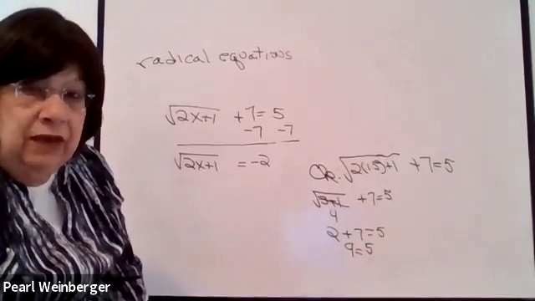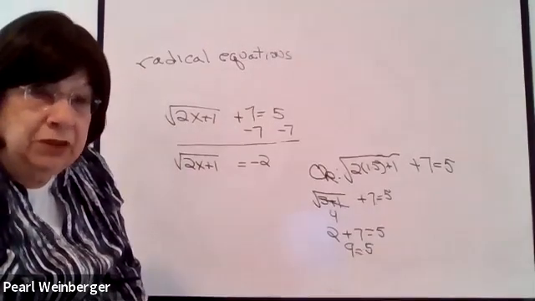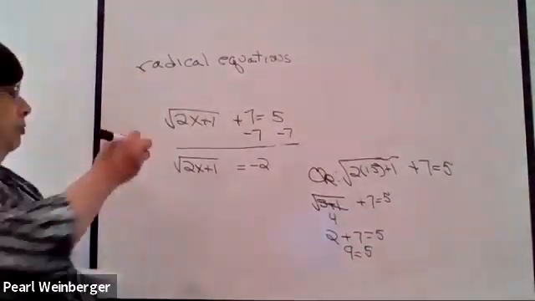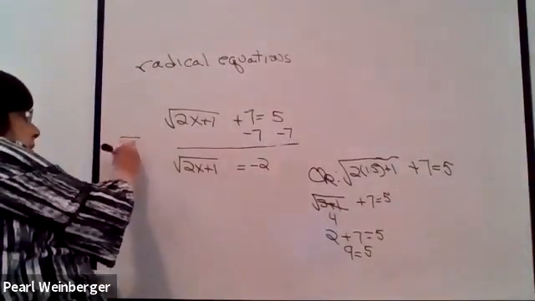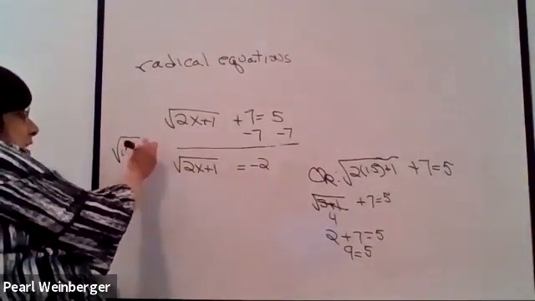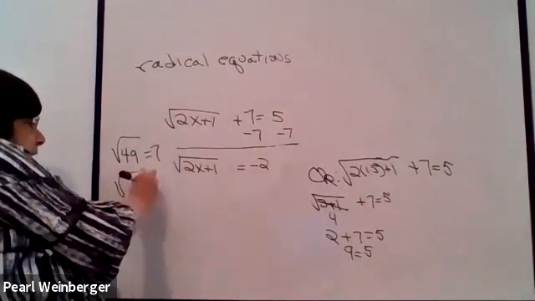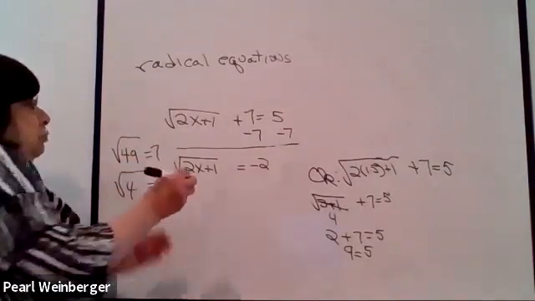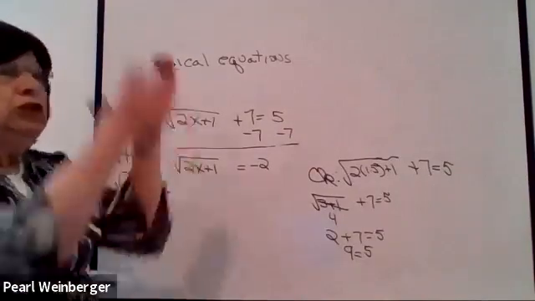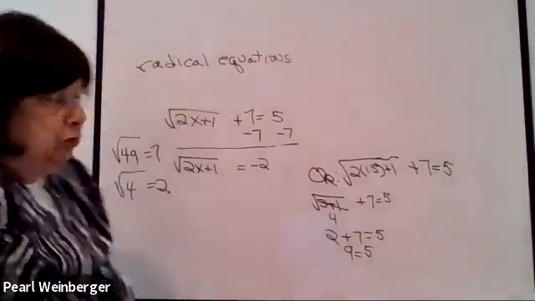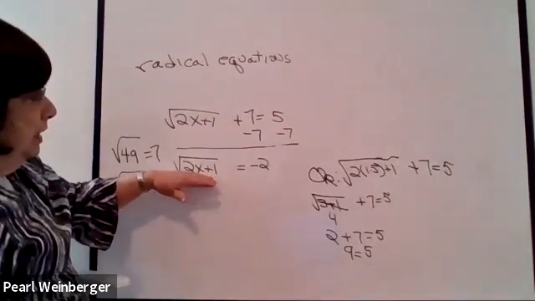You always have to take what we call the principal square root. In other words, the square root of 49, that's never ±7, that's 7. The square root of 4, that's always 2. The square root of a number, just like an absolute value of a number, is always positive.